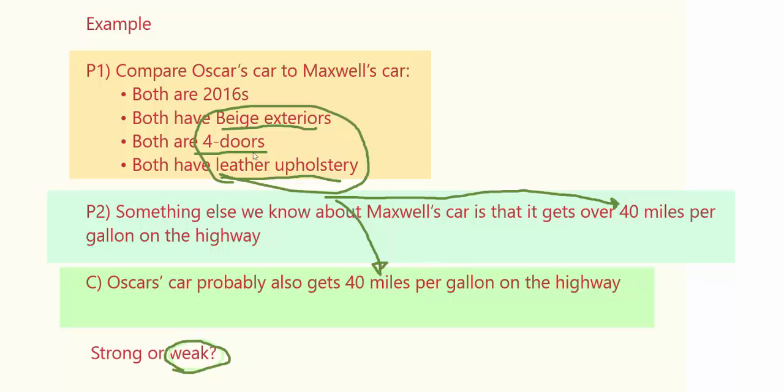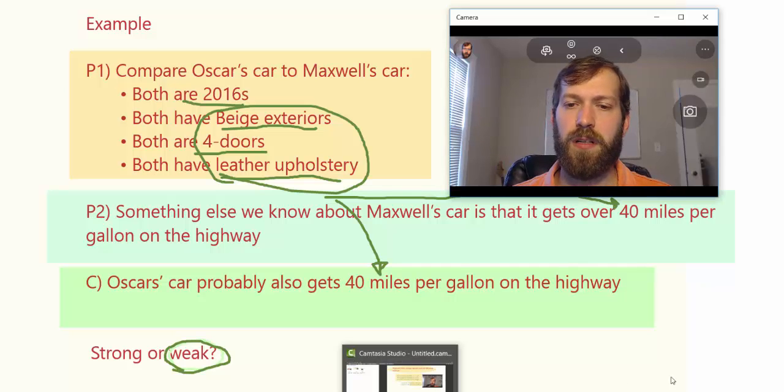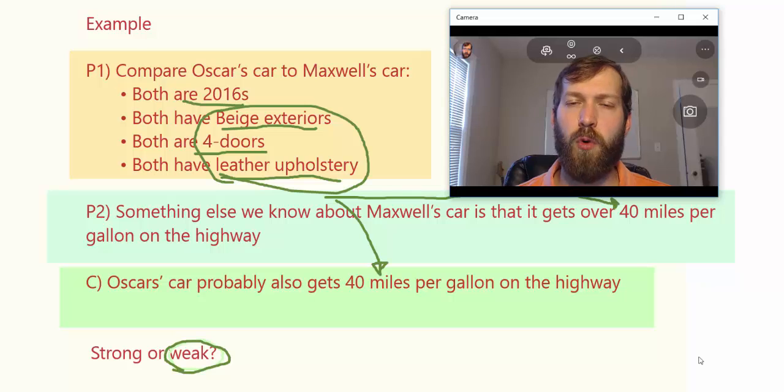Now it's true that the fact that they're both from the year 2016 does have a little bit to do with the gas mileage that they're going to get, for the reason that as our technology gets better and as we become more worried about how much emissions our cars have, and more regulations on them, we can expect to get better gas mileage.